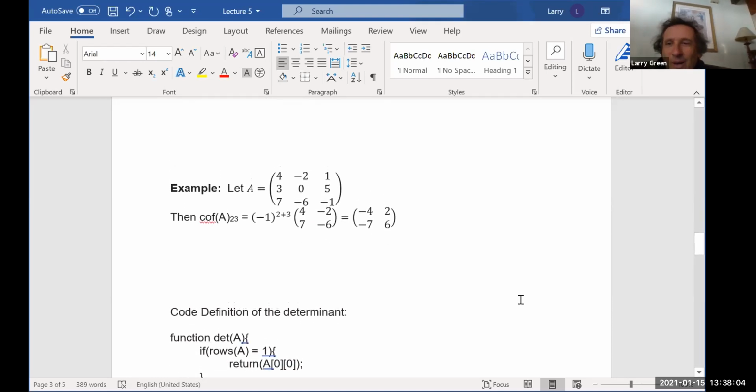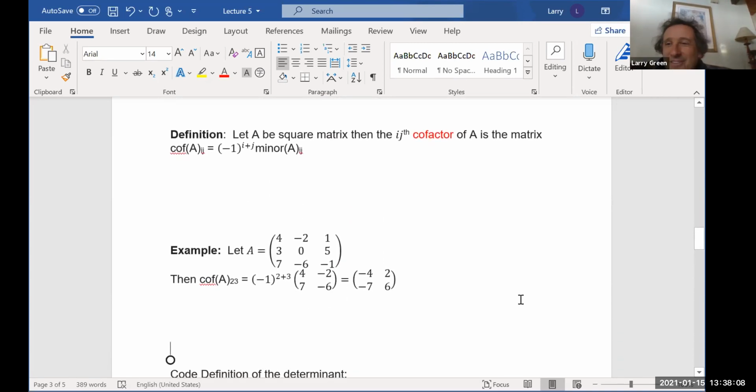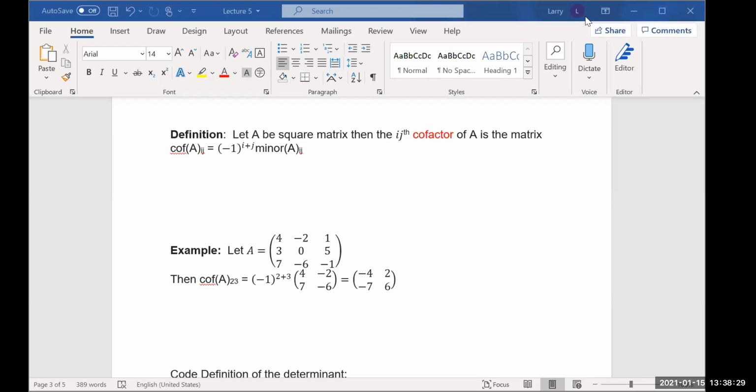Okay. So what I decided is I want to define the determinant, and I'm going to define the determinant with computer coding, because really that's how determinants are defined. How many of you have actually done some coding in your life? I have in Java.